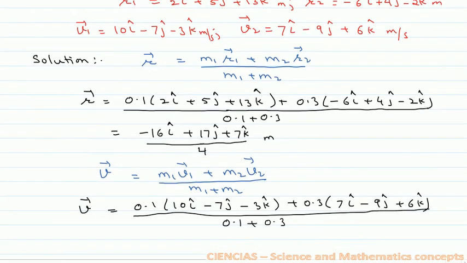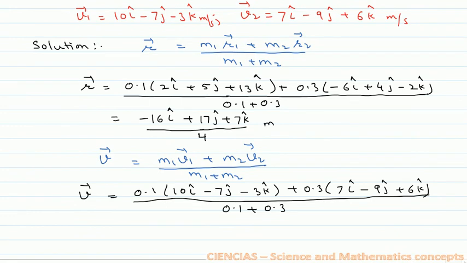On solving this, we get velocity of center of mass equal to 31i cap minus 34j cap plus 15k cap divided by 4.